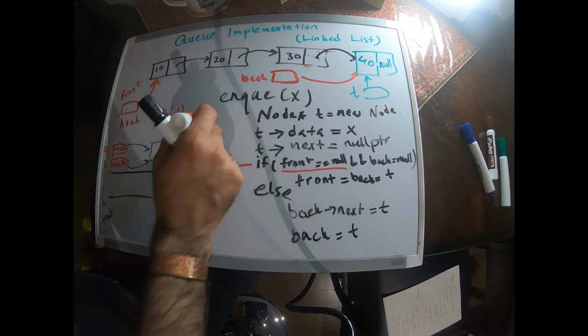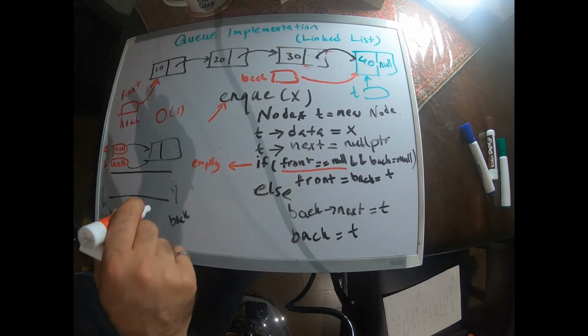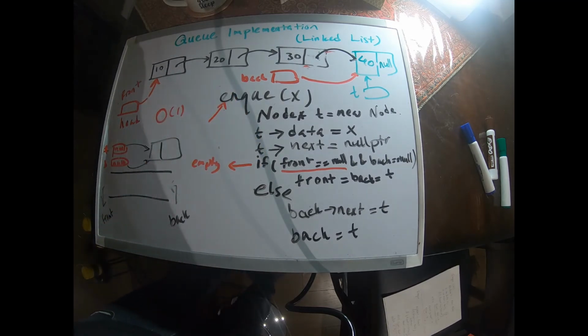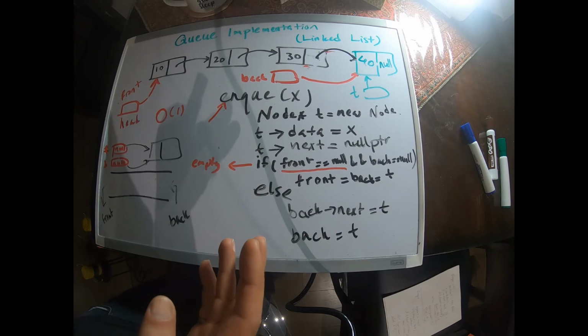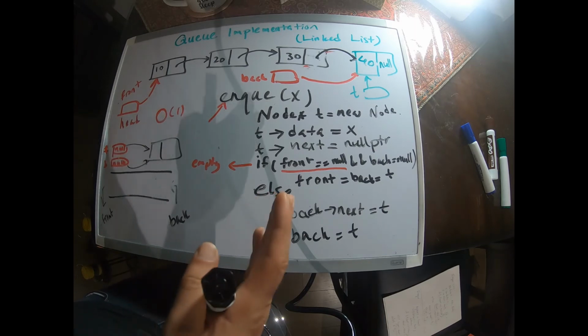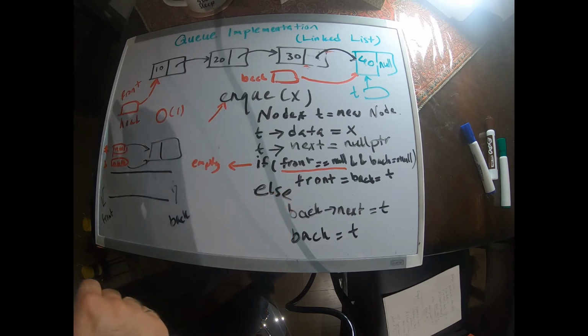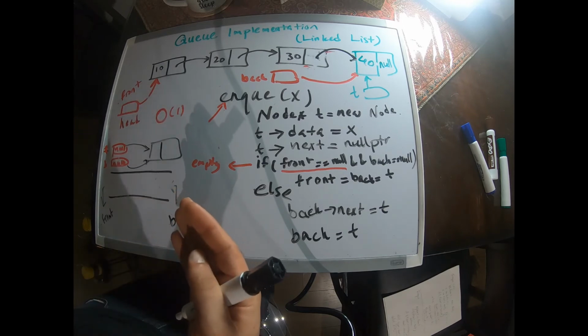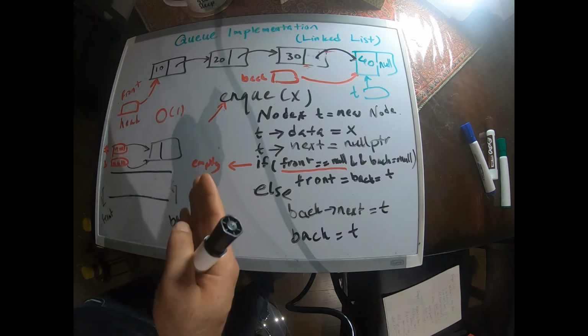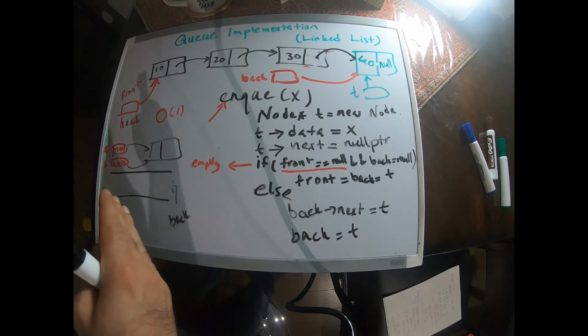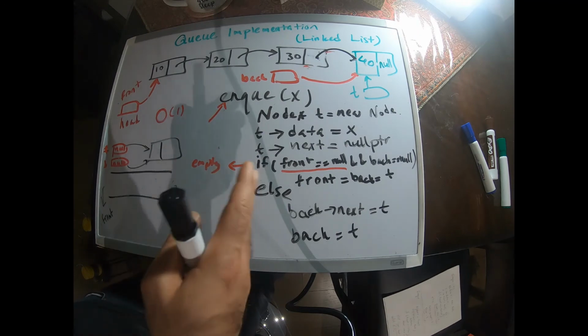You remember that we mentioned that whenever we want to enqueue, we have to check if our queue is full or not. Do we have to do it here for the linked list? We don't have to do it for the linked list, because we don't have a fixed size. We allocate as we need, right? We enqueue and we allocate as we need.